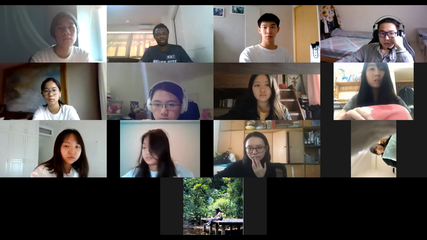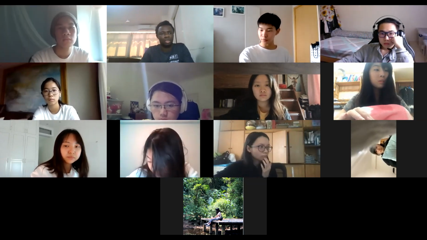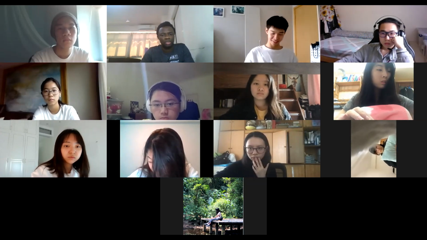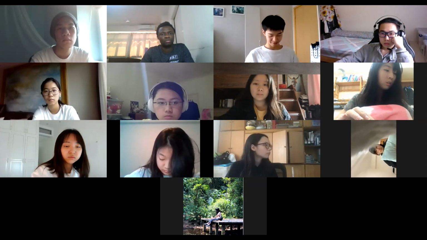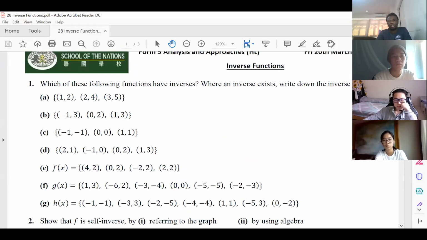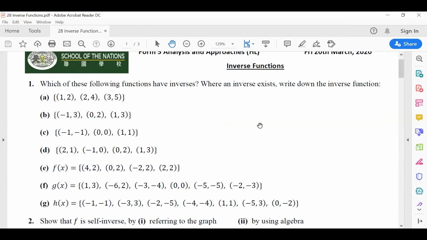All right, so can someone explain to us one, let's see, I'm going to share that. Maybe 1A, the question says, which of the following functions have inverses? Where the inverse exists, write down the inverse function.